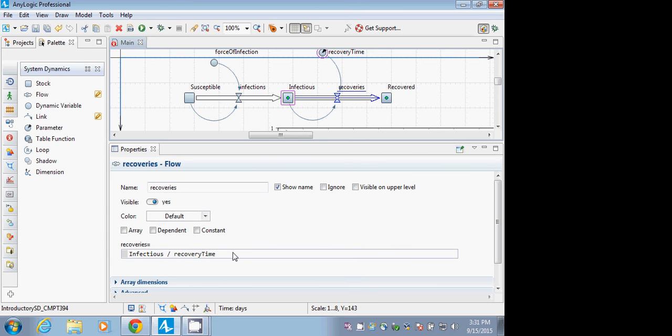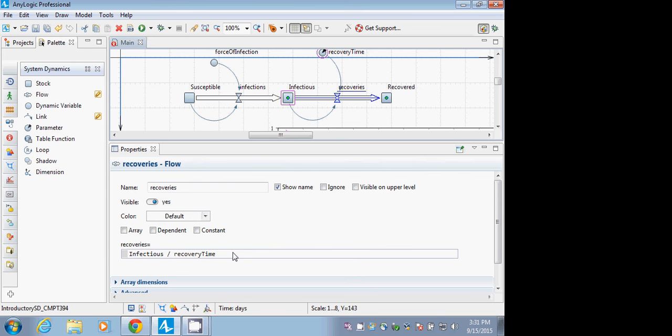If we have recovery time in days, and we have number of people who are infectious, to get number of recoveries, people per day recovering, it's number of people divided by some amount of time. 100 people divided by 2 days. That's people per day that comes out of it. If you multiplied here, it wouldn't make sense. You'd have people days coming out of this, not people per day. That's what you need for a flow.